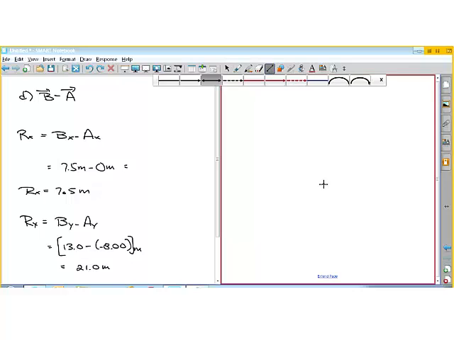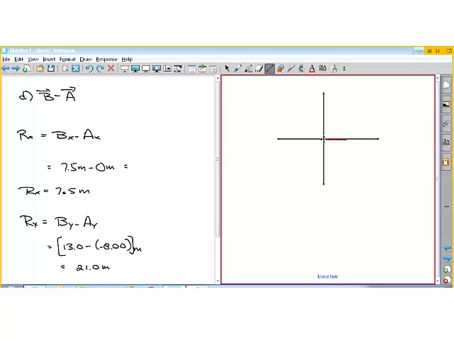So in this case, here's our coordinate system, and the vector is plus 7.5, plus 21. So this is the resultant vector. The angle we're looking for here is theta. It's in the first quadrant. So we have r sub x and we have r sub y.